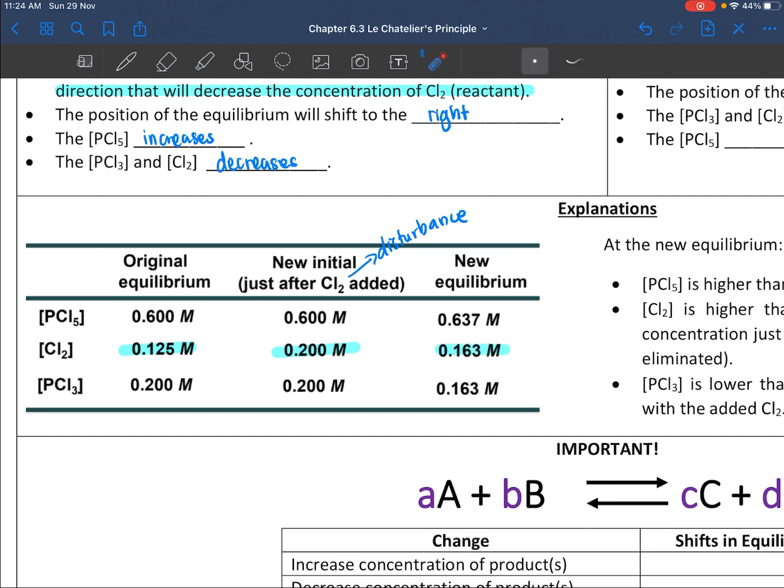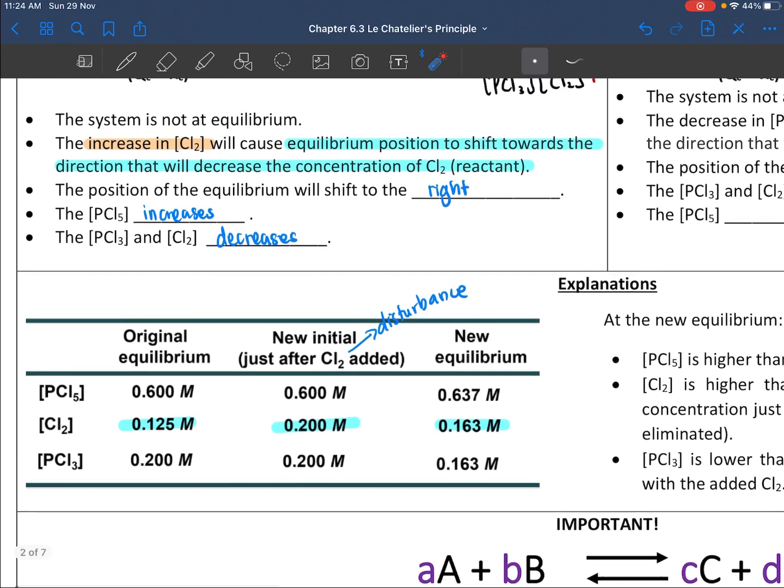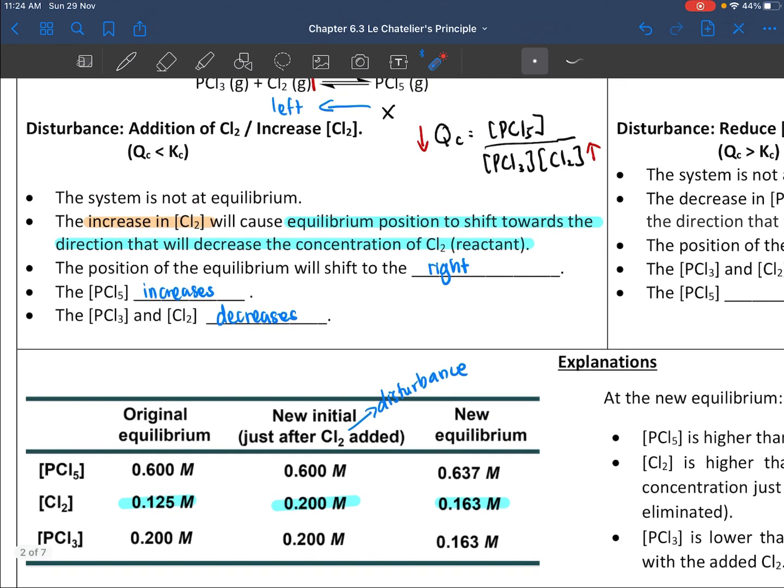Jadi 0.163 berbanding dengan 0.2. And disebabkan kita shift to the right tadi, PCl5 pun bertambah kan. So, concentration PCl5 daripada 0.6 jadi 0.67, sorry. And then, concentration PCl3 pun turut berkurang jadi 0.163.